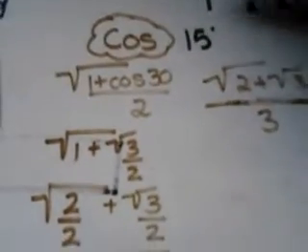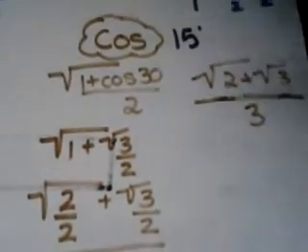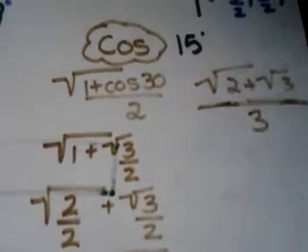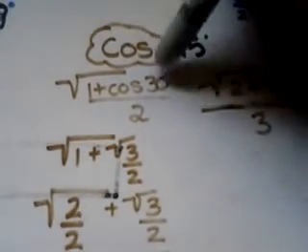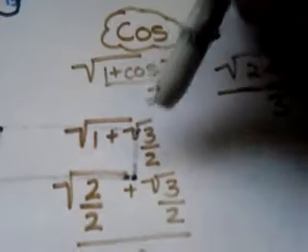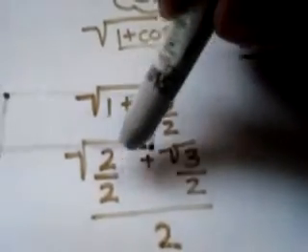To find the cosine of 15 degrees, it will be somewhat similar to finding sine of 15 degrees. We'll do the same thing. We'll replace, and then we will use radical 3 over 2. Do the same thing as we did before.